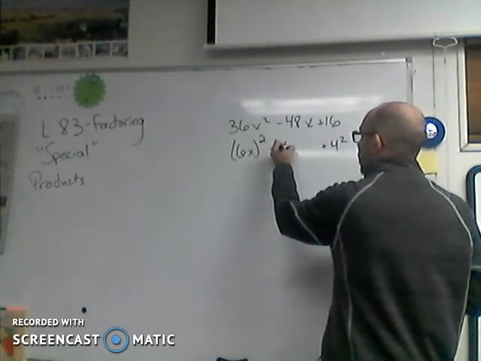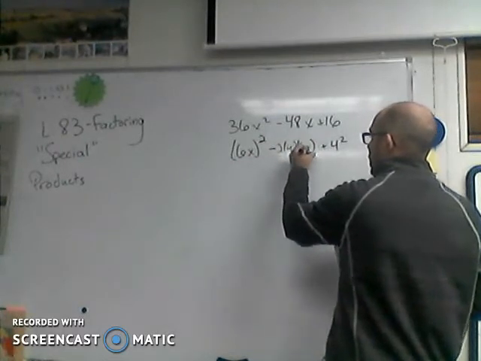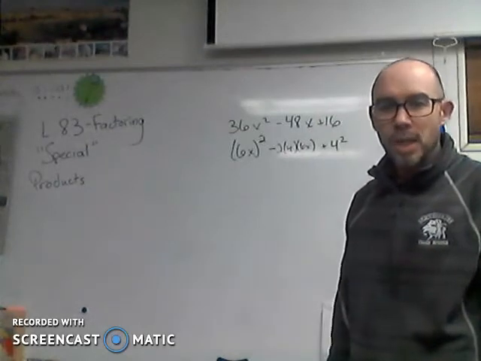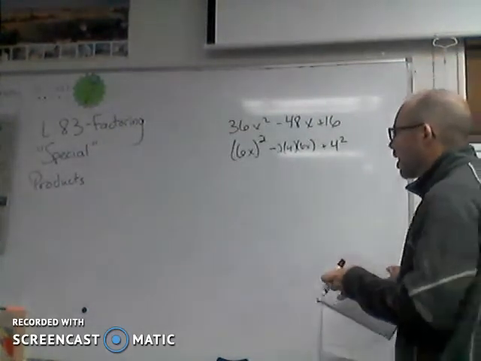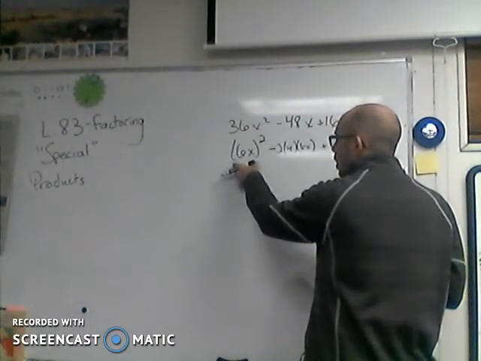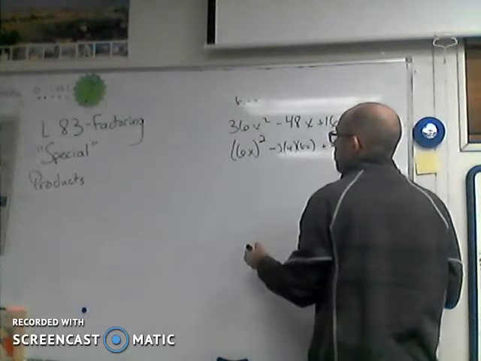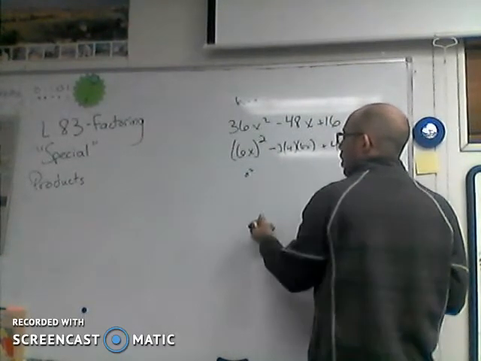2 times 4 times 6x. If it's true, then I have the perfect square set up. It fits the same exact form, even though it's a little bit more complicated. Like, let's call 6x a. That would be like a squared. That's all.